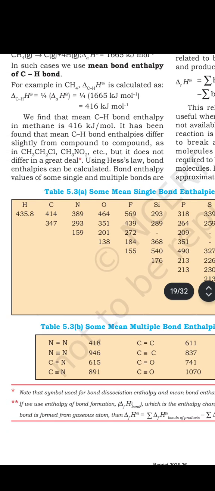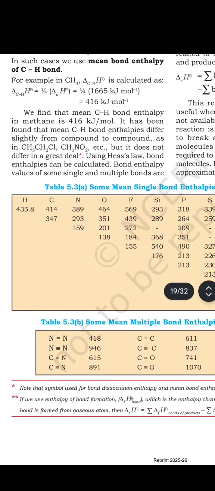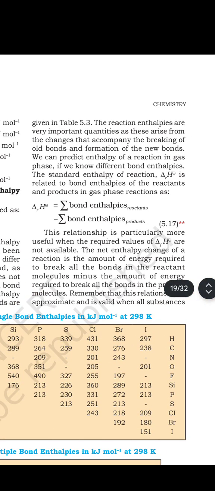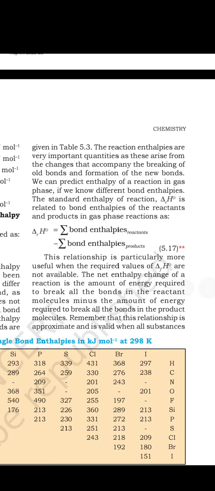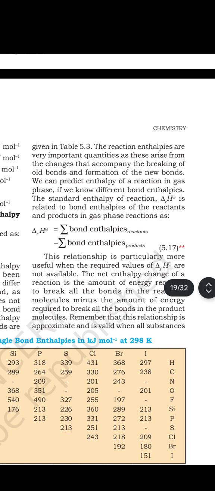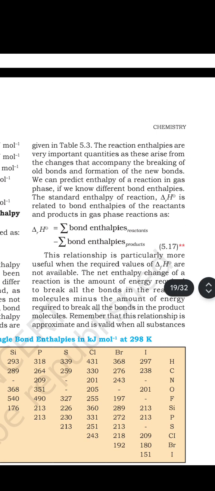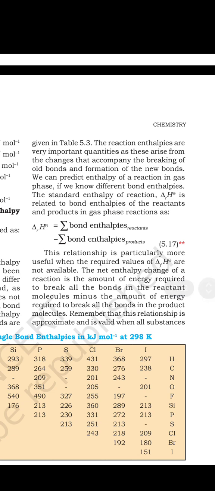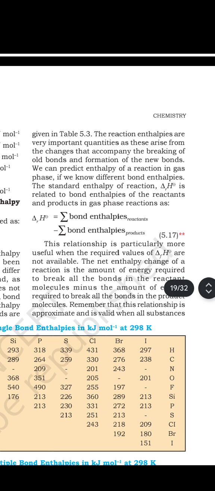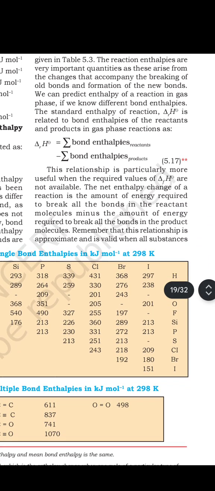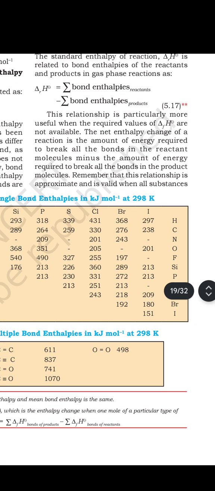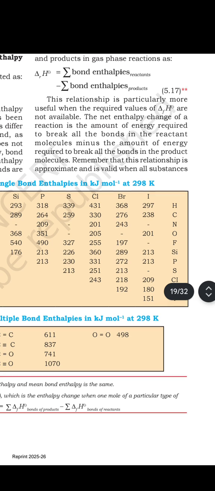Using Hess's law, bond enthalpy can be calculated. The enthalpy values of some single and multiple bonds are given in Table 5.3. The reaction enthalpies are very important quantities, as these arise from the changes that accompany the breaking of old bonds and the formation of new bonds. This relationship is particularly useful when the required values are not available.